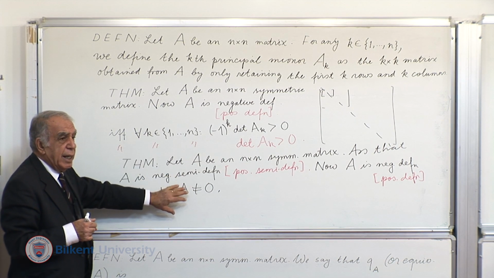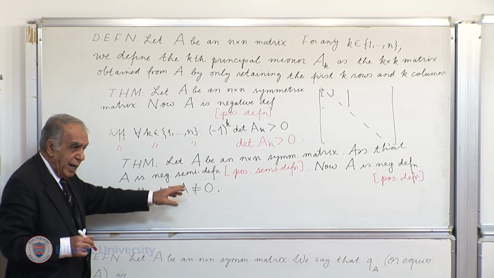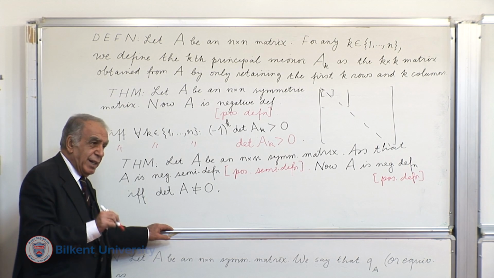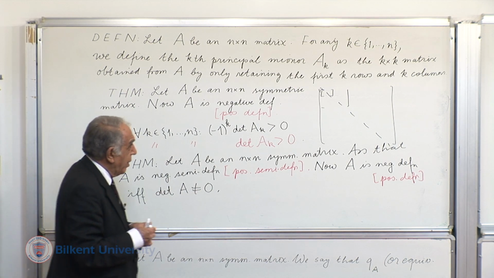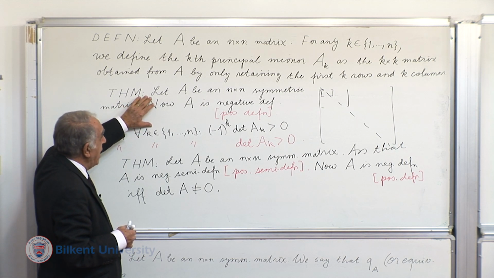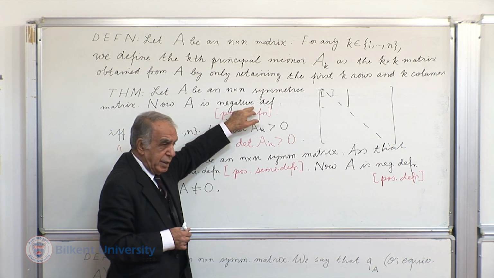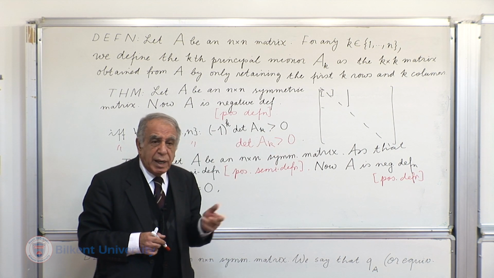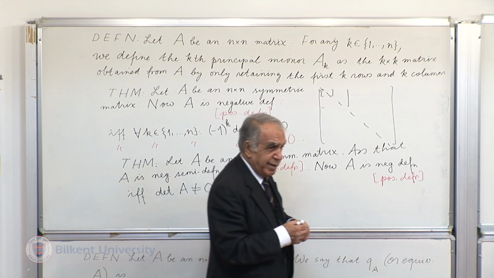If you know that the matrix is semi-definite in either sense, you can decide whether it's definite in the same sense just by considering the determinant of A. One might be tempted to take this theorem, replace these by the semi-definite versions and the strict inequalities by weak inequalities, and think that might be a theorem, but it will not be.